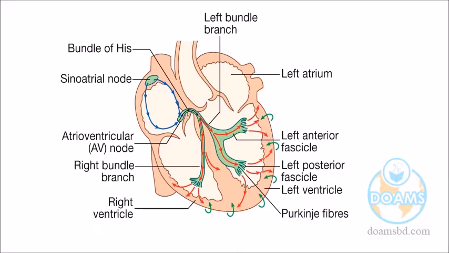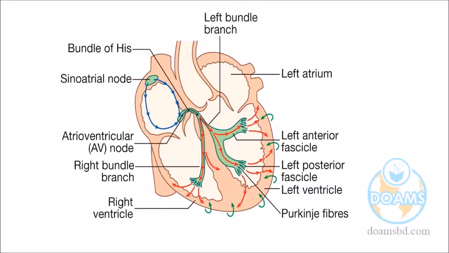If the conduction starts from there, then the heart rate will be less. This is very usual. So when the conduction is generated down below, if the upper part is in problem, that means if the node is blocked, it means failure to produce the electricity and the conduction of the electricity.